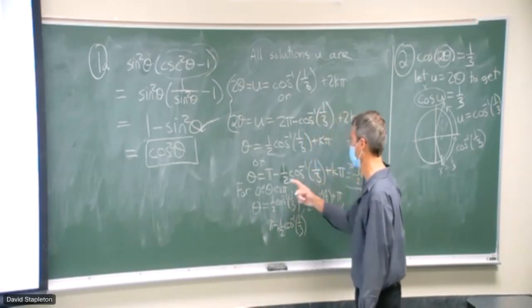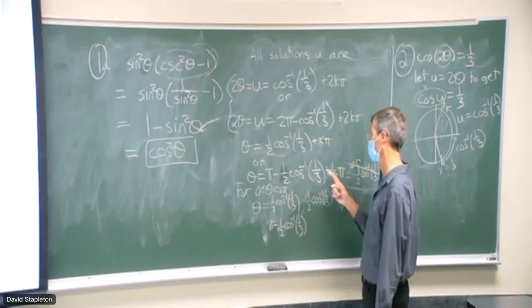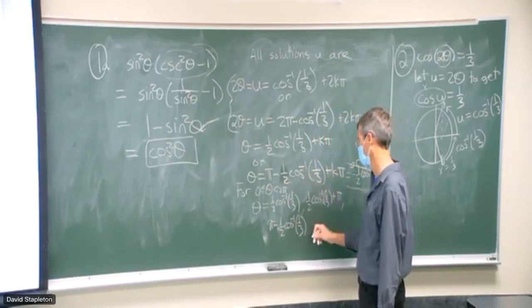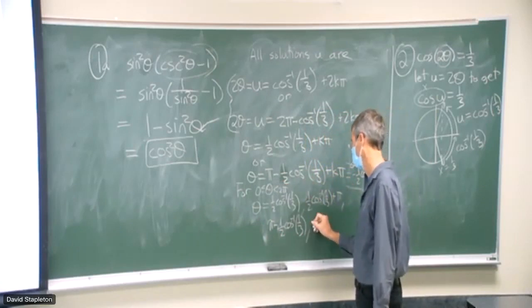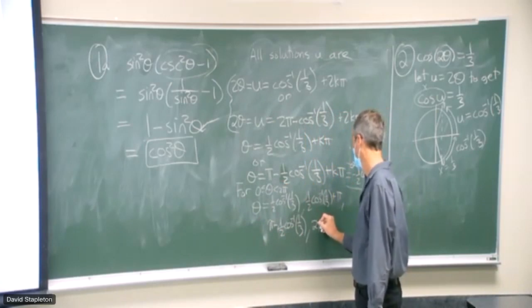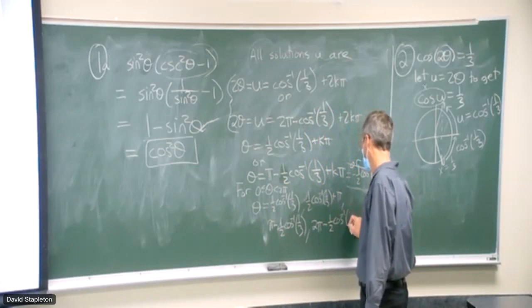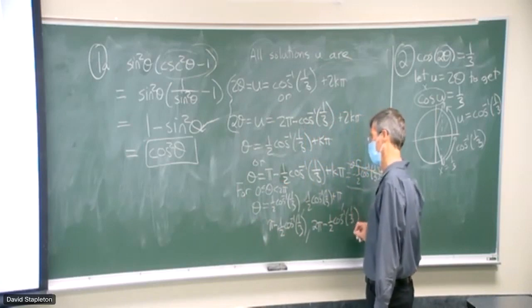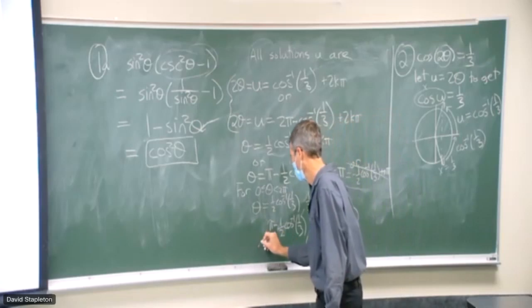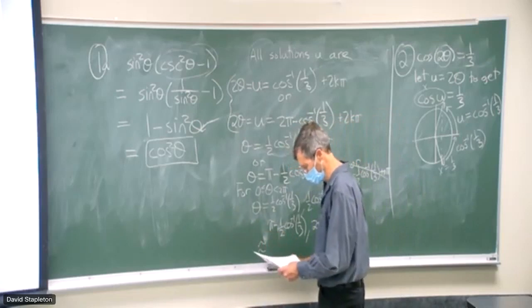Put k equals 1 in here, and let's see, you've got 3 pi, I'm sorry, 2 pi minus that.